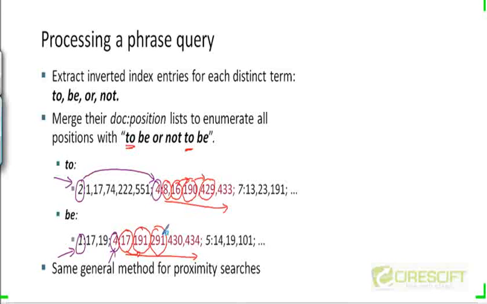Now we find that 291 is much less than 429, so we increment it. And now we get 429 and 430. So again, we've detected the phrase to be. But now if you look at 4 positions ahead, we find that 433 is separated from 429 by 4 units, and 434 is separated from 430 by 4 units.